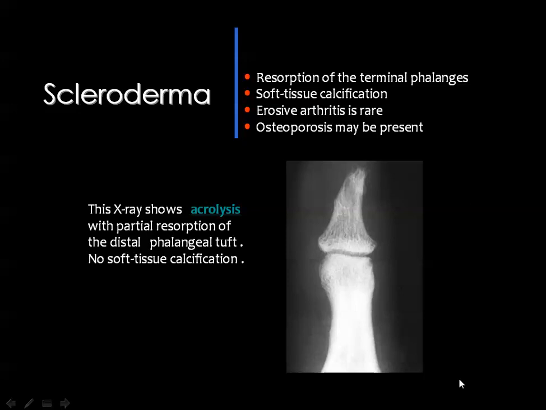Scleroderma is a disease which affects also the skin and affects the bones. The main manifestations in this disease are the resorption of the terminal phalanges and soft tissue calcification. There may be erosive arthritis, but it's rare. Osteoporosis is also rare in this disease.